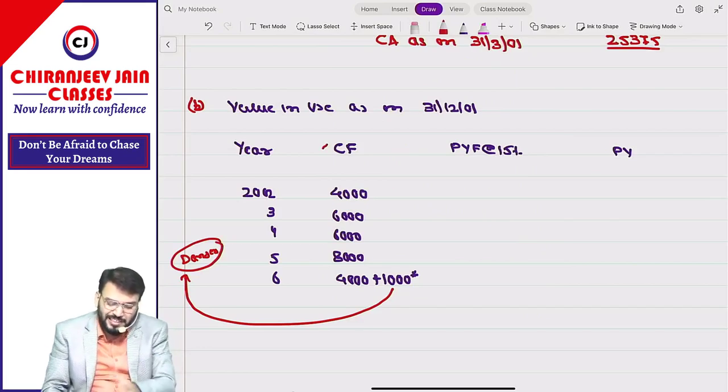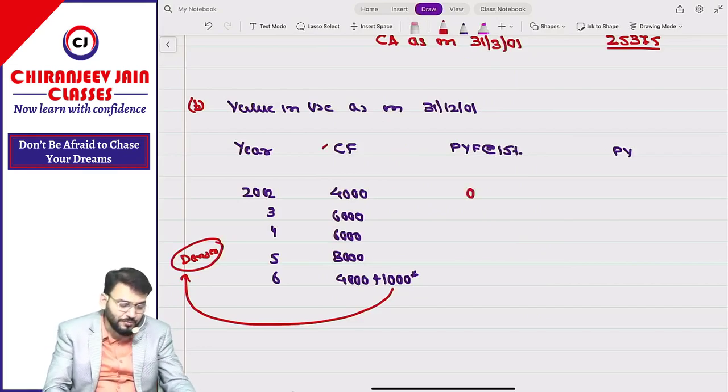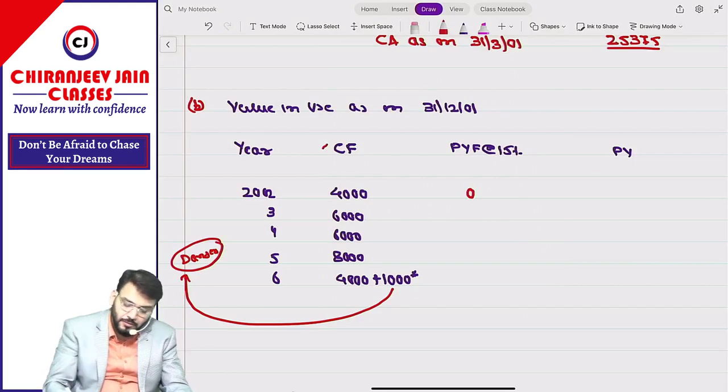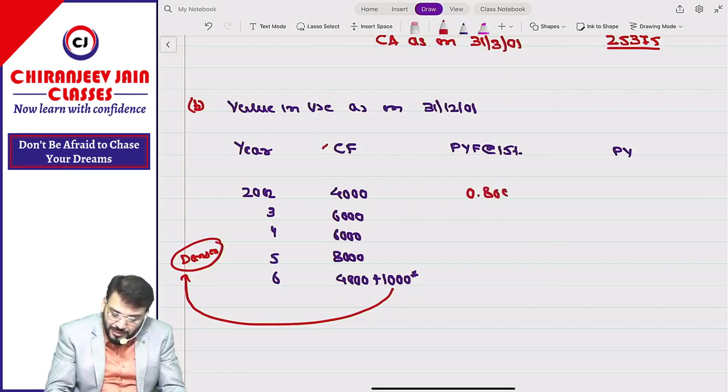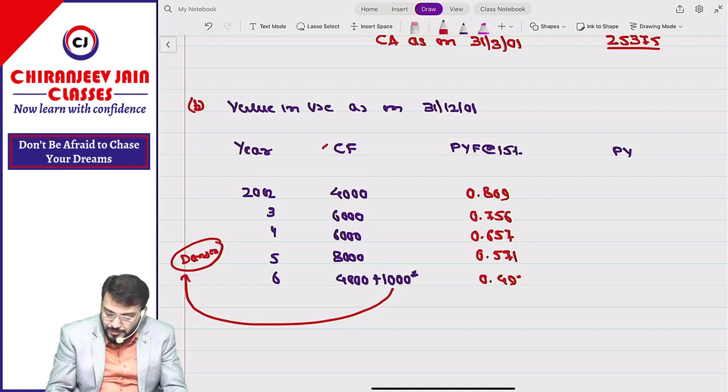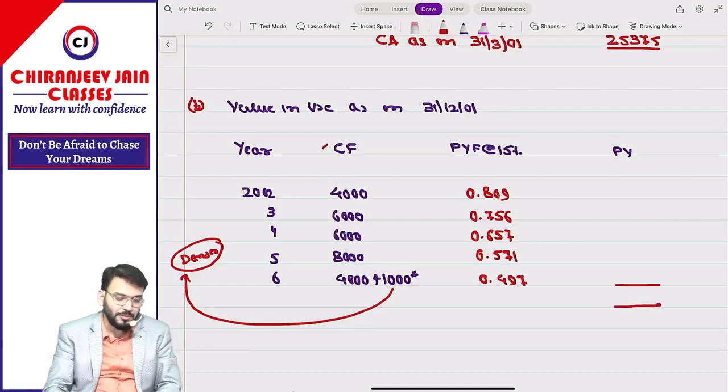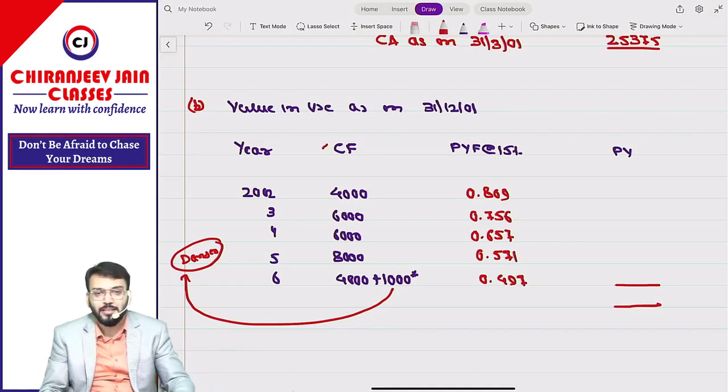Now can you give me the 3 decimal discounting factors: 0.869, then 0.756, then 0.657, then 0.571, then 0.497. Now give me the total present value; multiply and give it.